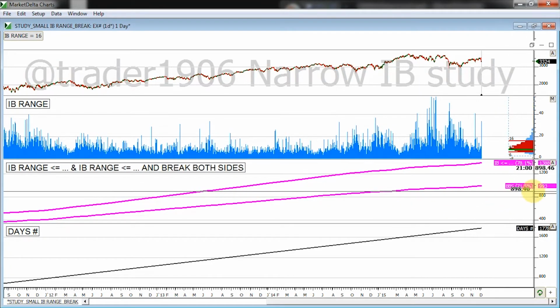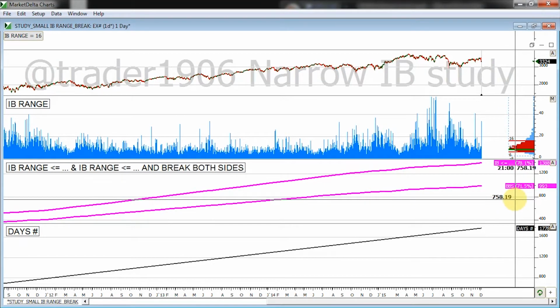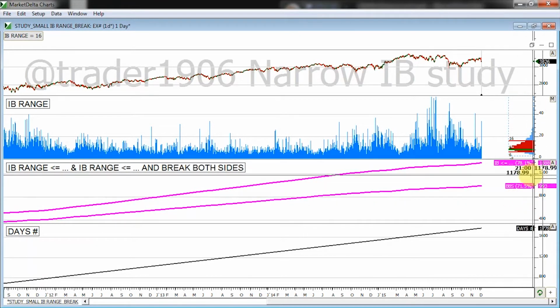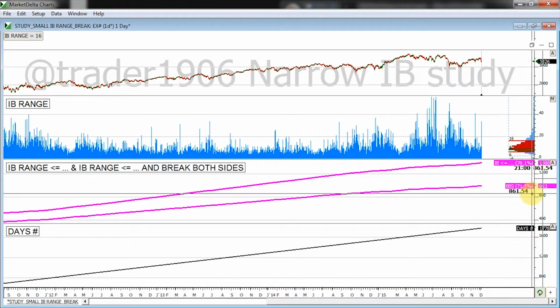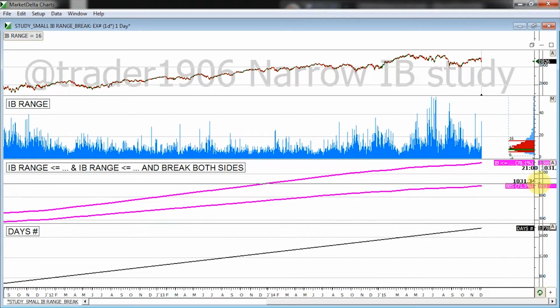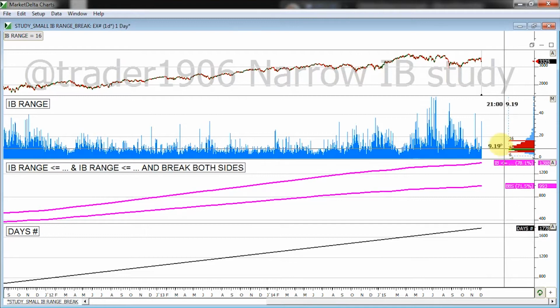Obviously, it doesn't work all the time, and the next time it's just 50-50 because this stat will either work or it won't. But over a large sample, if the past data is meaningful, you should see an edge form, and you should start to see it gravitate away from 50-50 more to 70% if we have a narrow IB.